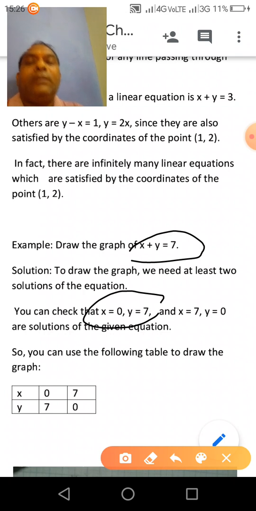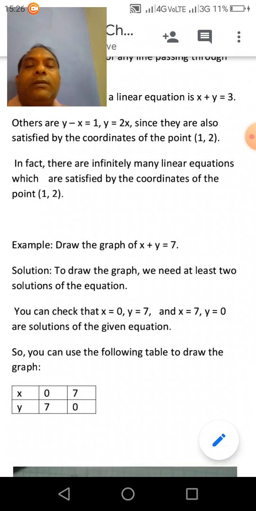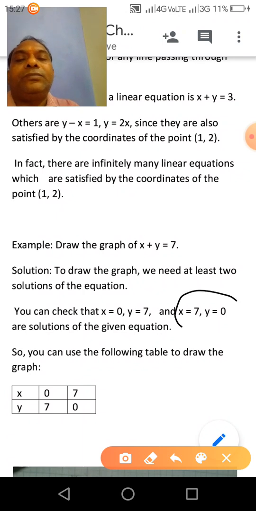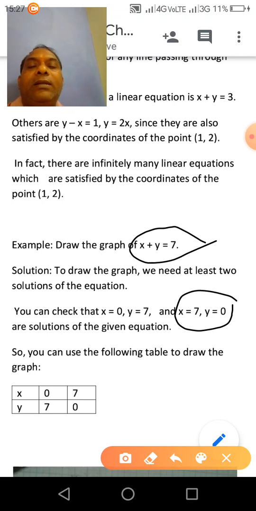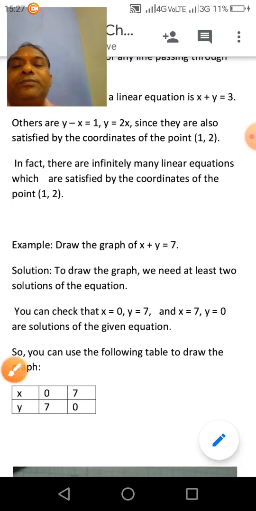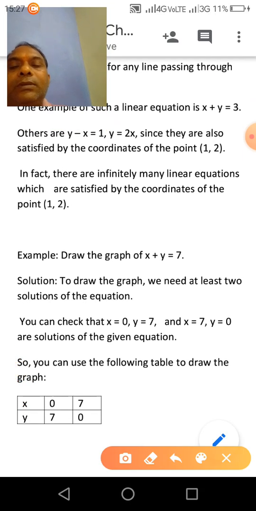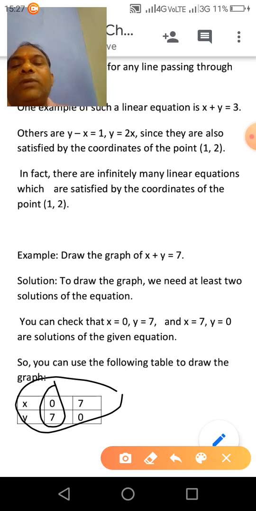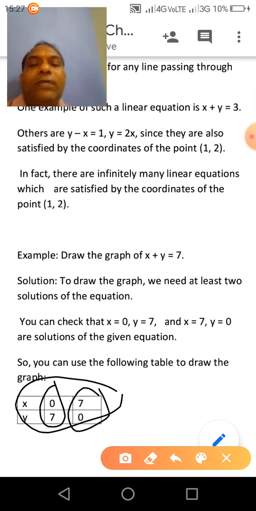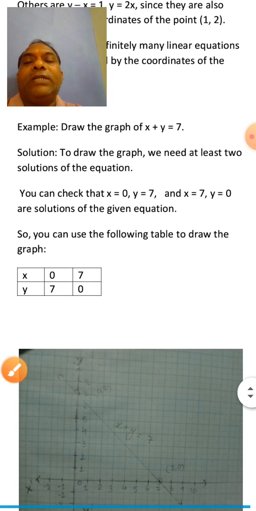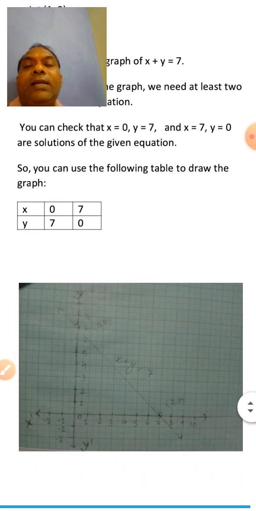And put y is equal to 0 in this equation, then x will be 7. Clear? So you have 2 points: x is equal to 0, then y is equal to 7; x is equal to 7, then y is equal to 0. Then you have 2 points here, (0, 7) and (7, 0). Clear? Now plot the graph.